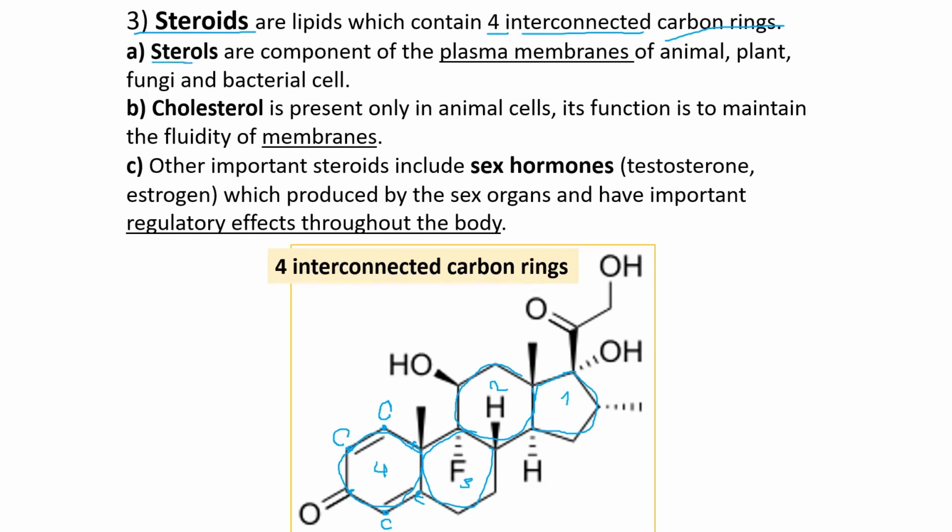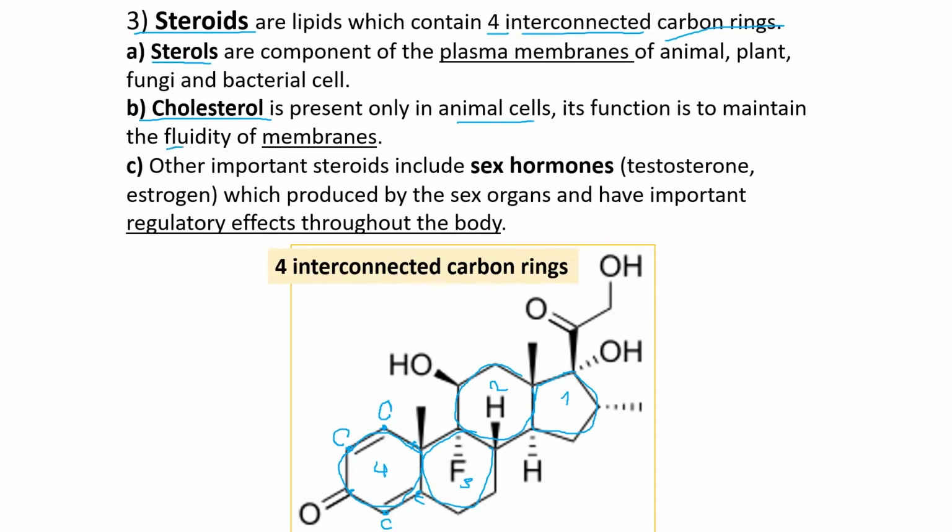So we have sterols, and they are components of the plasma membrane of animal, plant, fungal, bacterial cells, any kind of cell. We have sterols. Also, we have cholesterol. This is very important, and it's only present in animal cells. And this is our good cholesterol because it has an important function.